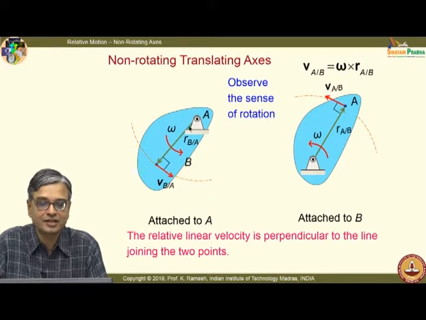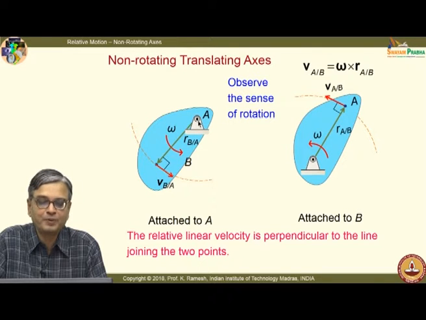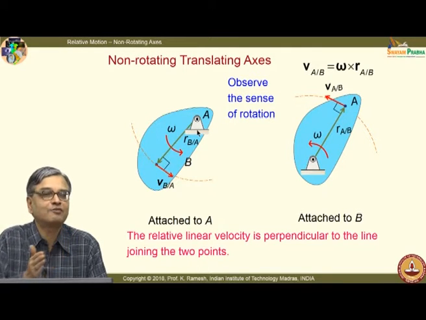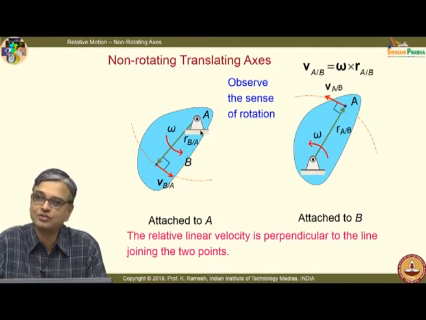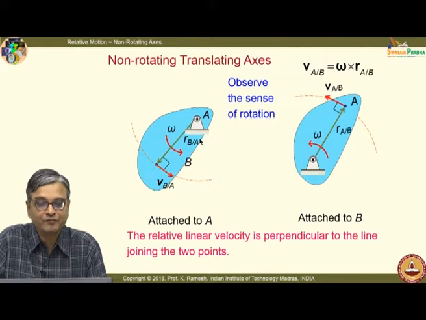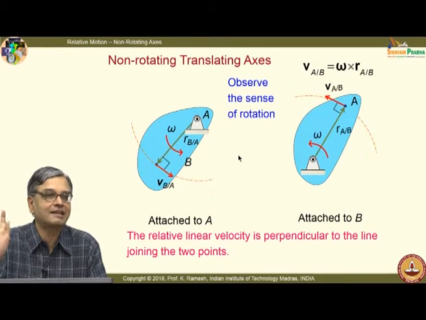I have attached an axis at this point. I put it essentially as a pin joint, because a pin joint you know very well allows rotation. That is why the pin joint symbolism is used. While you solve the problem, you will not introduce it like this; you will just put the axis and label it as a non-rotating translating axis.